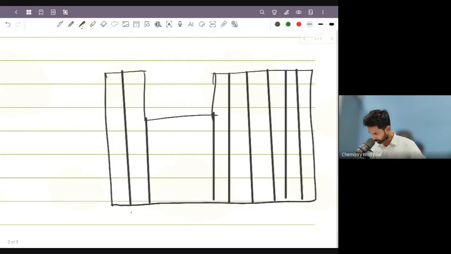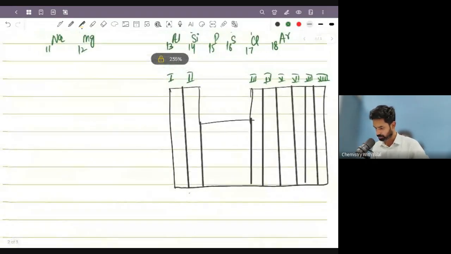So top to bottom in the periodic table, the groups extend from top to bottom. This is group 1, group 2, group 3, 4, 5, group 6, 7, and group 8. We have a total of 8 groups in the periodic table.